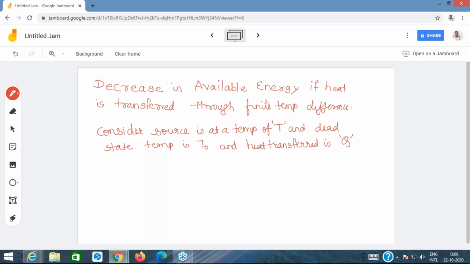So we are to figure out what would happen to the exergy of this when the heat has been transferred through a finite temperature difference.